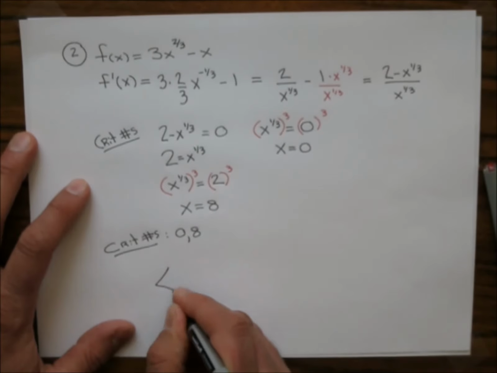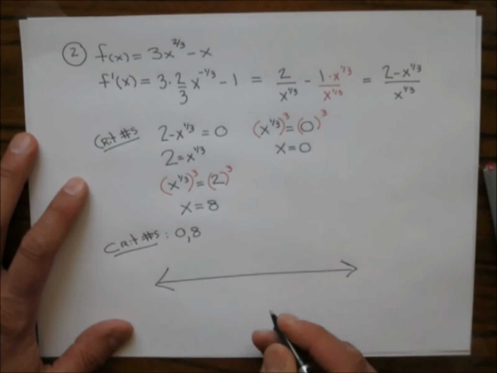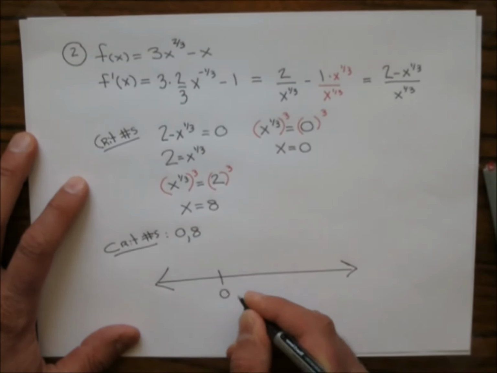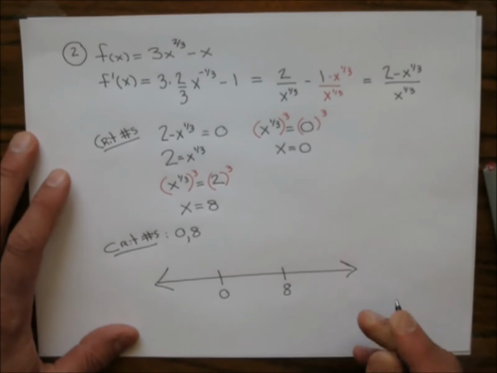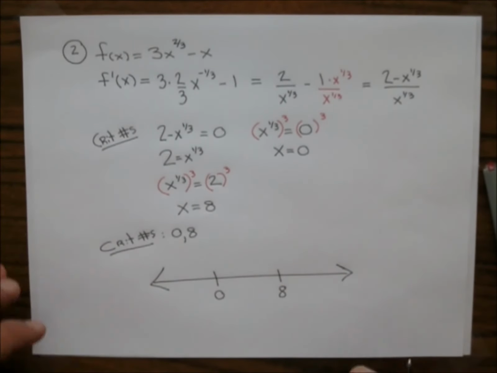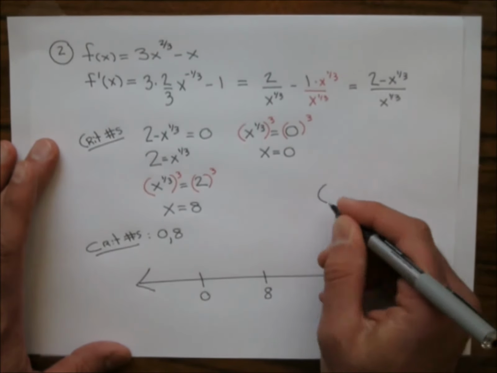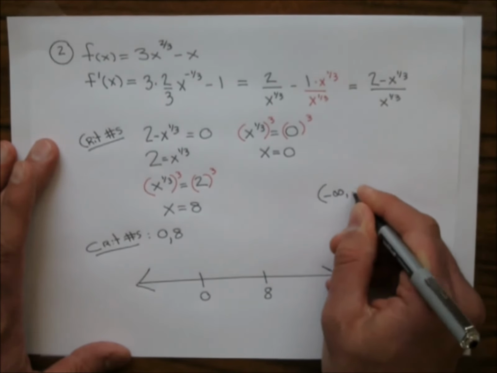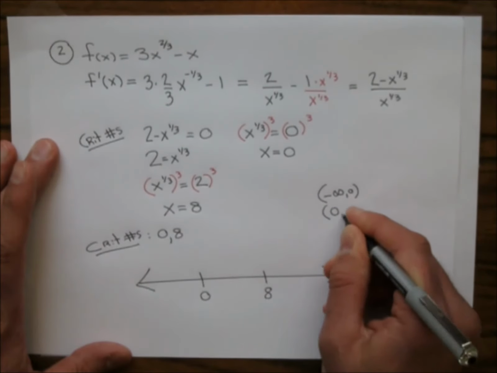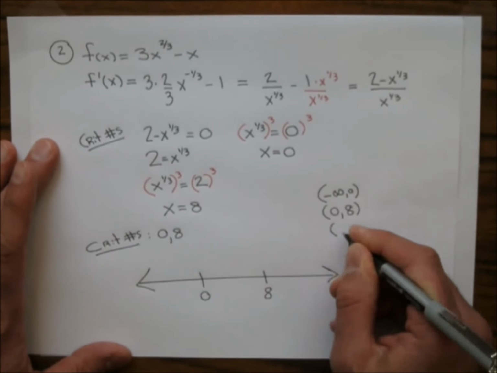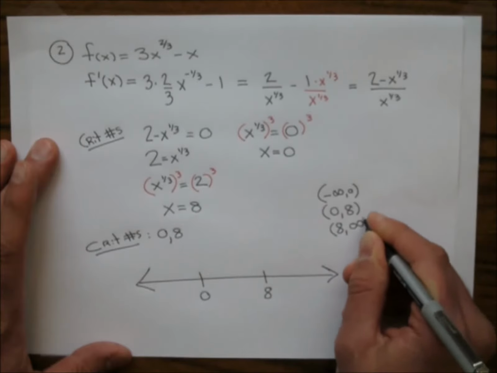I'm going to go ahead and put those critical numbers on a number line, 0, 8, and I have 3 regions to check. My 3 regions would be from negative infinity to 0, 0 to 8, and 8 to infinity.